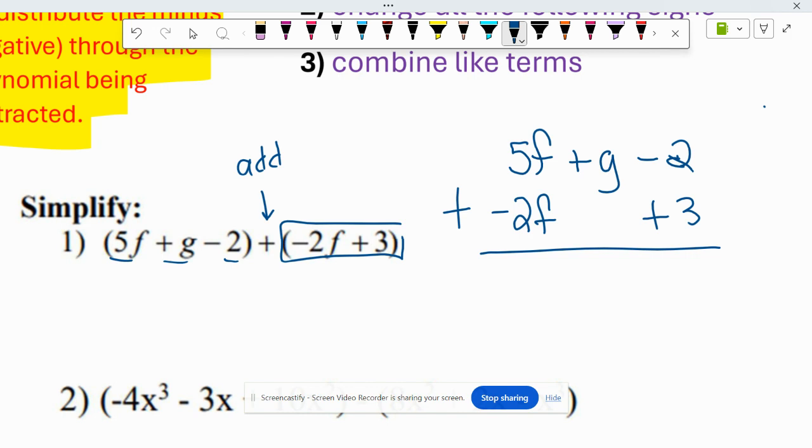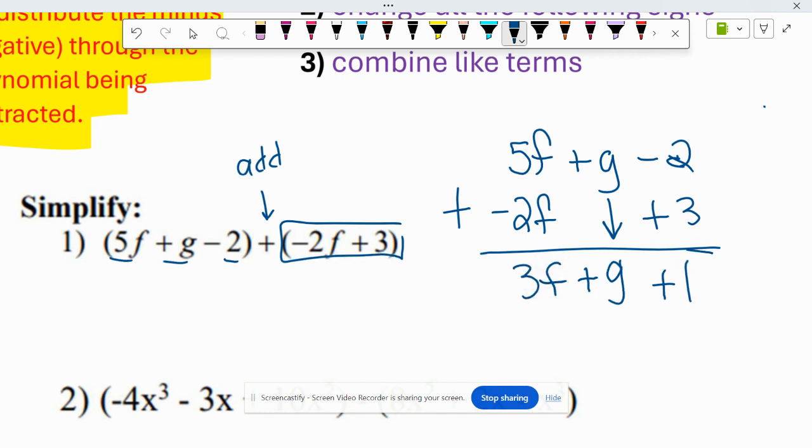Negative 2 plus 3 is positive 1. Because it's a positive, I'm going to put a plus in front of it. There's nothing for me to add this g to, so it just comes straight down. And it's positive, so I'm going to put a plus in front of it. And 5 minus 2 is 3, 3f.